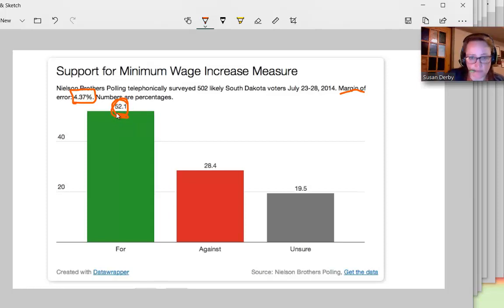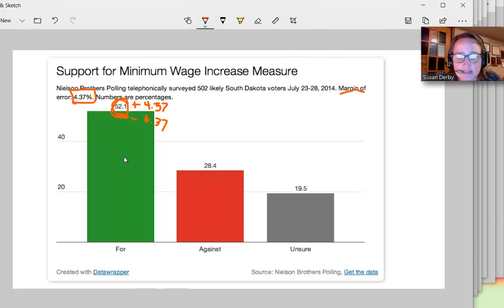But that number could be as much as 52 plus that 4.37 wiggle room, or minus 4.37. So again, it just gives us a range of data and lets us know how confident we are.